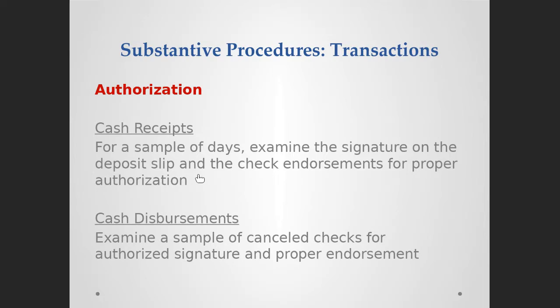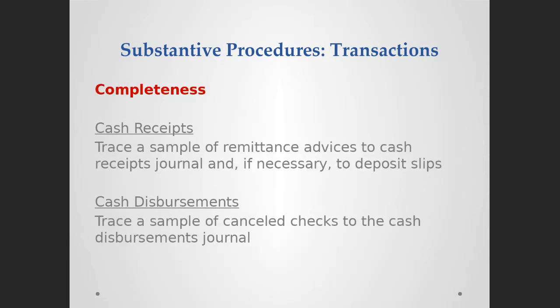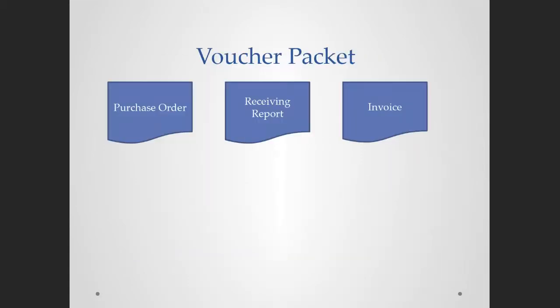Your client endorses the back of the check, which is the endorsement for depositing. So you want to make sure that it was properly authorized for deposit, which is the endorsement from your client right here. Okay, you want to make sure this is authorization for deposit, and for cash receipts you want to see that this is present, right?